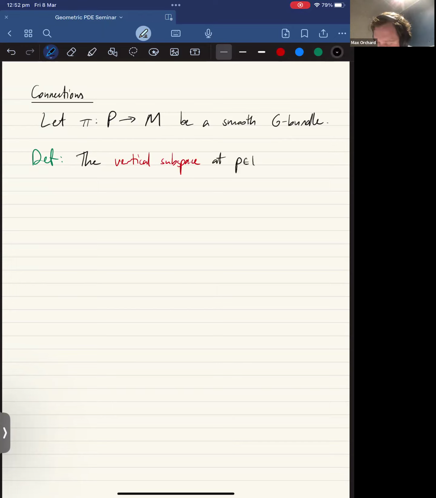If we take some point in P, we define the vertical subspace at that point, which we denote V sub P for vertical, to be the kernel of the derivative of the projection map at P. Recall that if you fix a point X in M, then the image of a fiber under pi is just that point back.